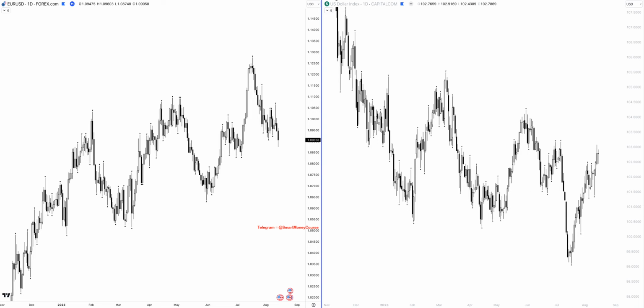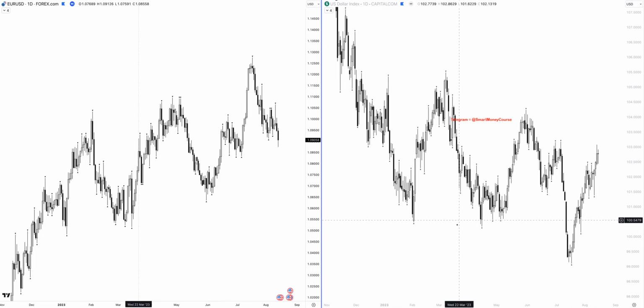So first of all, what is the DXY? It's the US dollar index essentially. In short, it measures the strength of the dollar. So if we're seeing a bullish DXY chart on the 4-hour or the daily, then we're likely seeing a bearish EU chart. That's because the EU chart, the Euro USD, and the DXY are an invert.